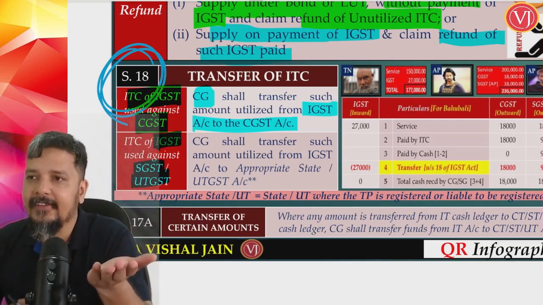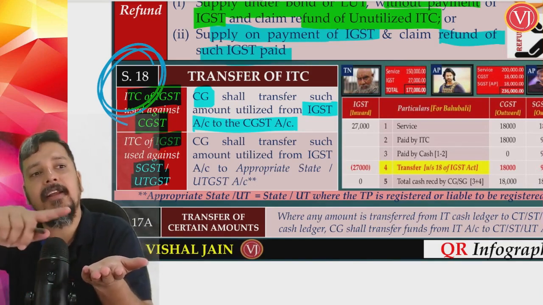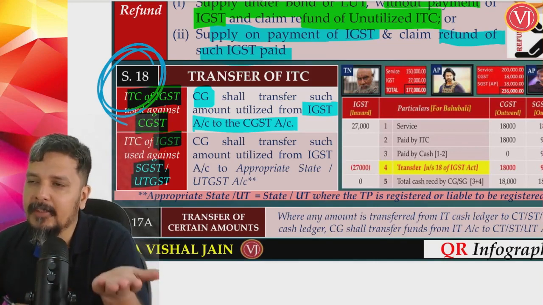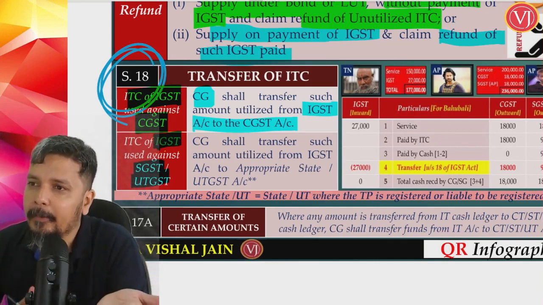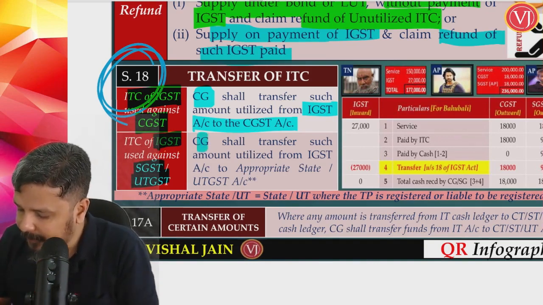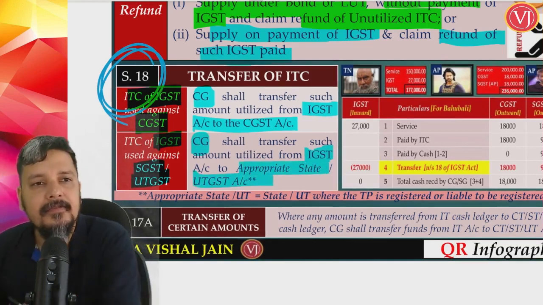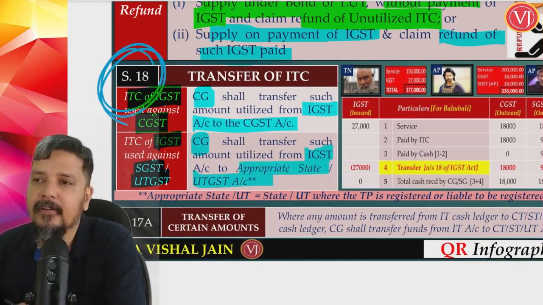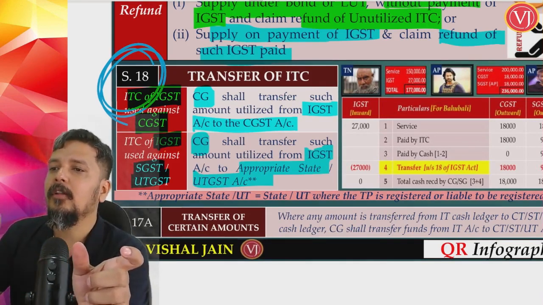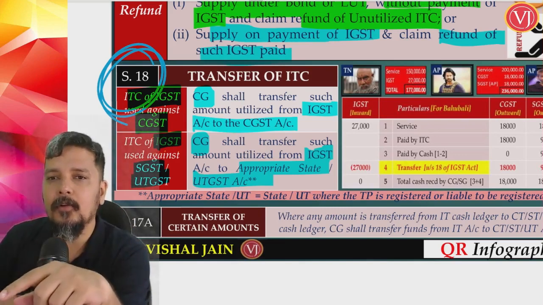When IGST ITC is used for output, that revenue in the earlier chain, the first previous chain, would have gone to central government's pocket, but now that amount is used for paying the state government's output tax. Don't you think that now central government should transfer the amount from IGST pocket to the respective state? So that transfer will happen. When IGST input is used for CGST output, central government will make that amount permanently transferred to CGST.